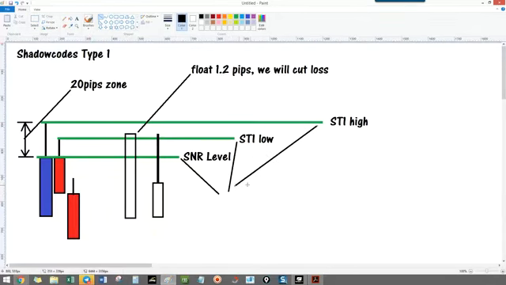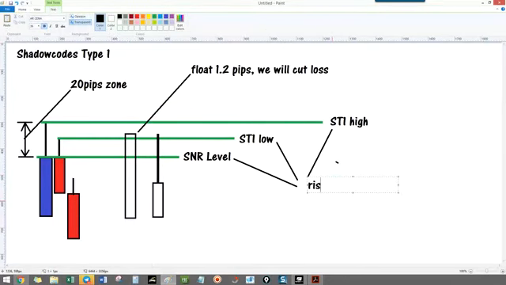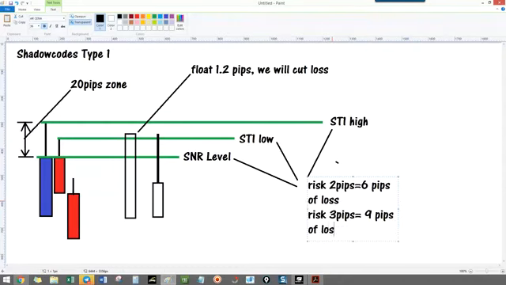This one, this one, this one. Risk 2 pips, so you will have about 6 pips of loss. If you risk 3 pips, you will have 9 pips of loss.